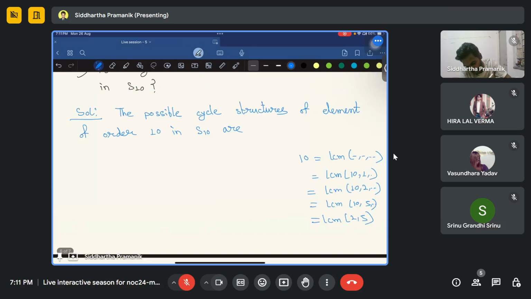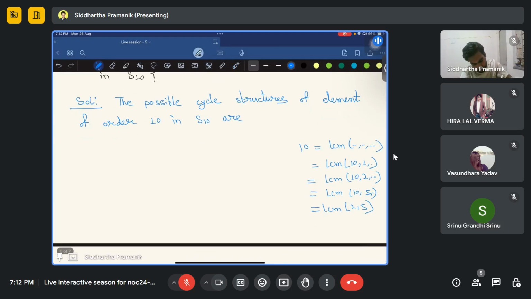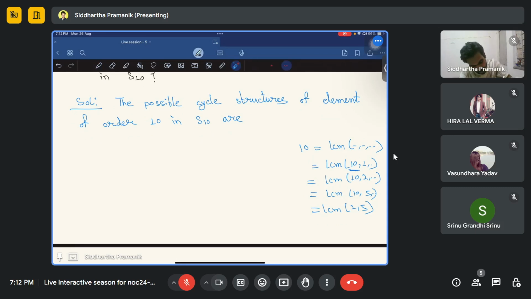But we are in S10, so we have only 10 indices. So we can have a 10 cycle. We cannot have a 10 cycle times a 2 cycle. Similarly, we cannot have a 10 cycle times a 5 cycle. It has to be disjoint, right? You cannot have this type of thing.